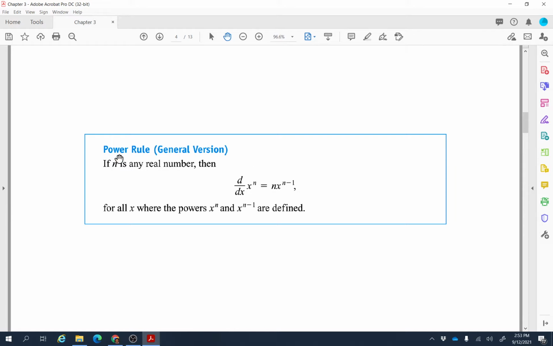This is called the power rule. If you see x to the power n and want to find the derivative, this n goes in front, and you reduce the power by 1.